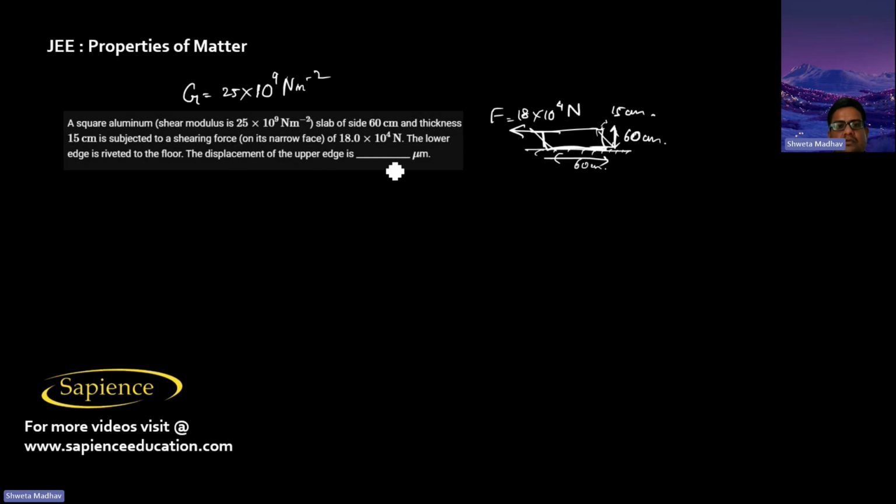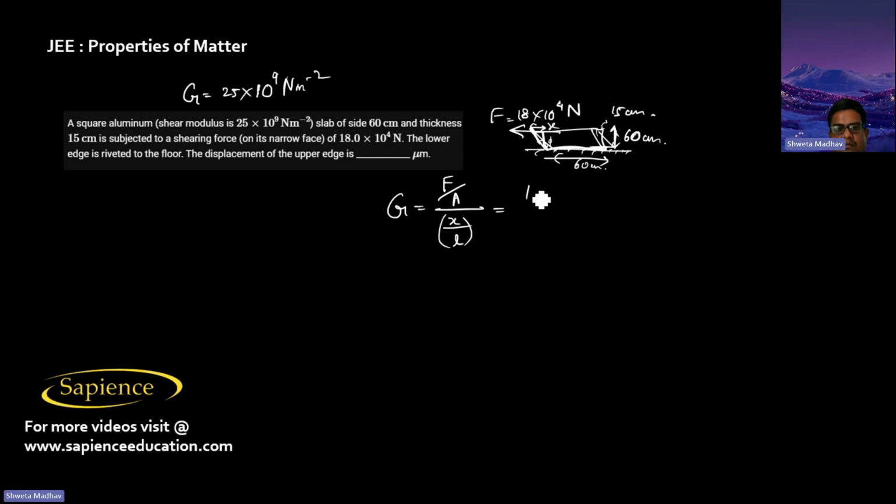The displacement of the upper edge is asked. So it will get displaced by a length x. Then we know that the shear modulus, given as force by area by x by L, is the same as tan phi.